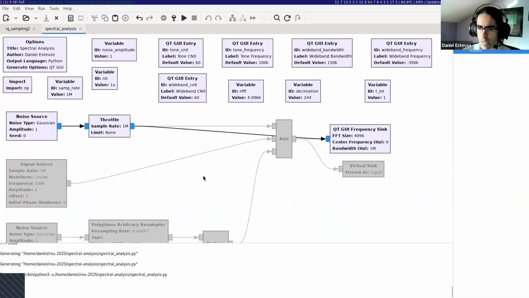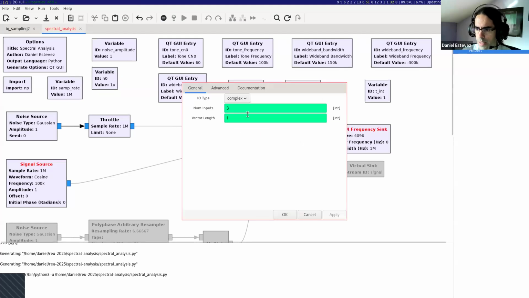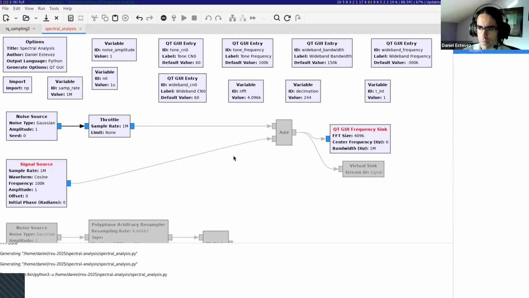No surprises here. This is going to represent the noise floor of our receiver, and in combination with this, we will have some signals that we are interested in receiving or detecting. So for example, the simplest type of signal, which we have already used a couple times, is the signal source.